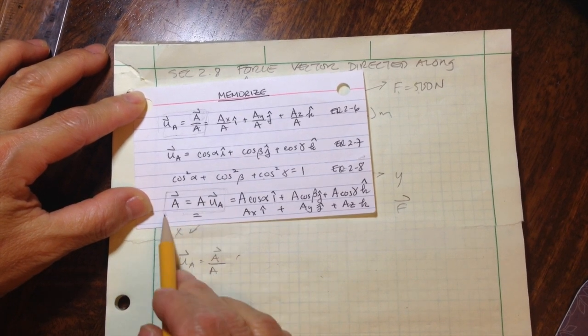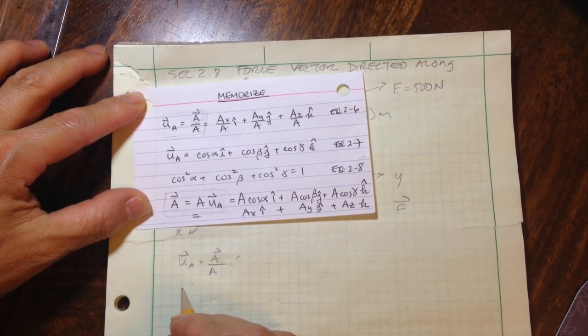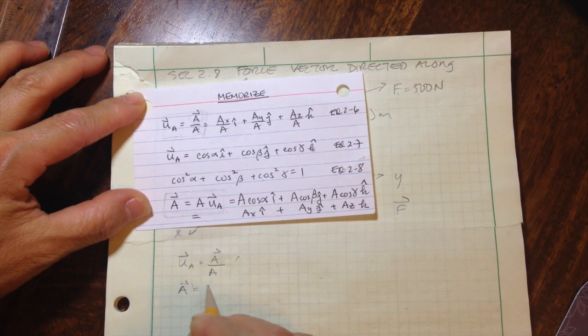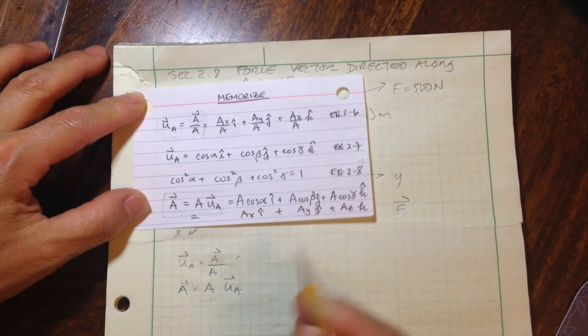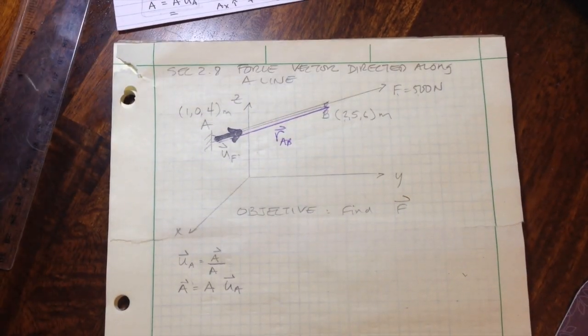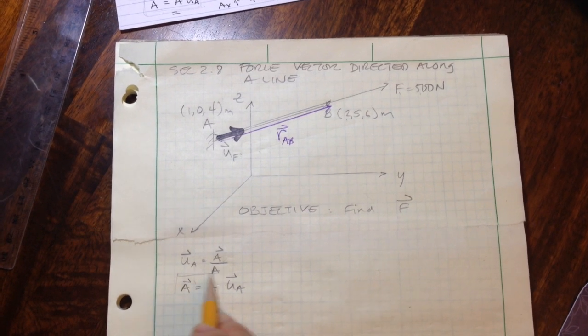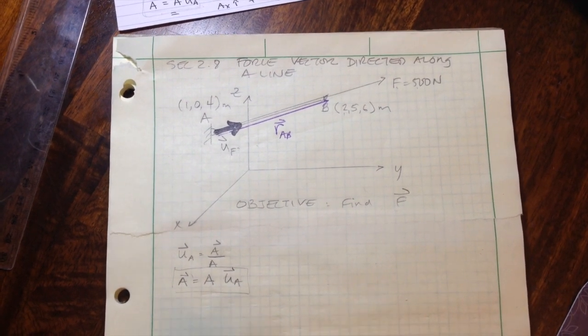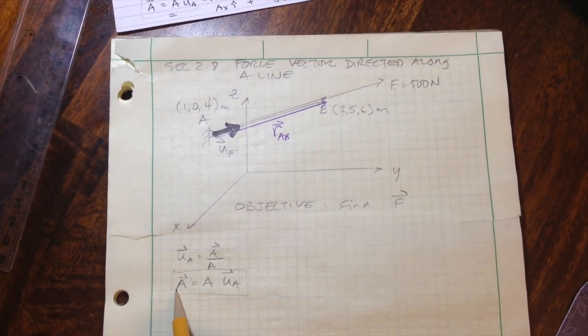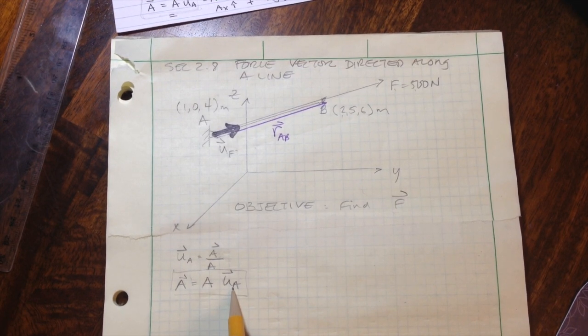And the next one is this equation. So this equation says that for a given force vector A, it's equal to the magnitude of that force vector multiplied by the unit vector that lies along that force vector A.